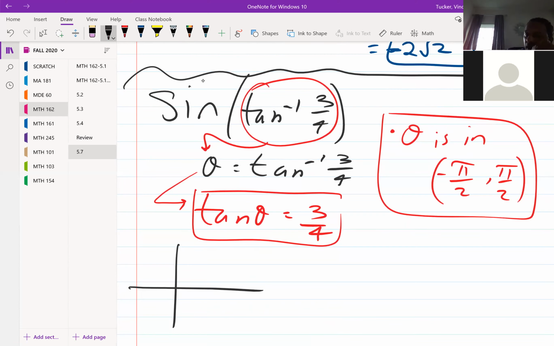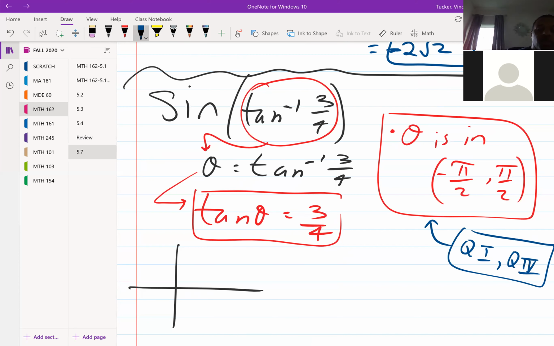And if tan is positive, remember we only have quadrant 1 and 4 to play with. So between those two, tangent is going to be positive in the first quadrant.